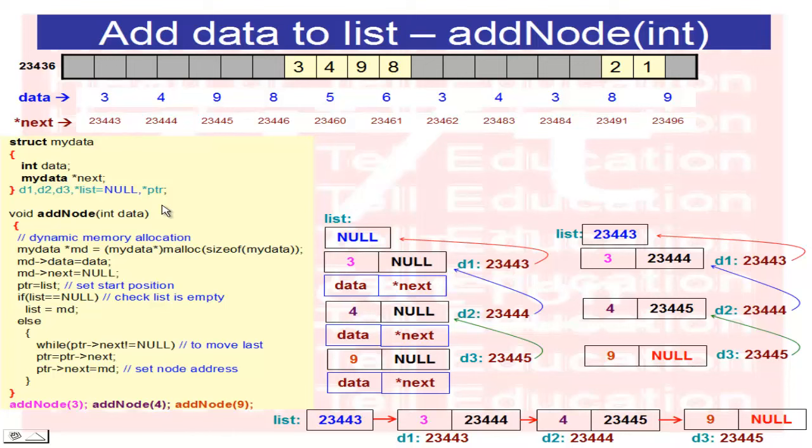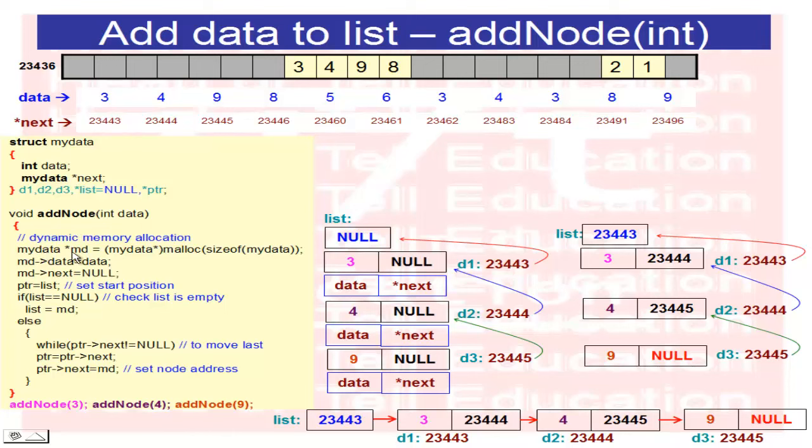Now if we check the code, so if we first call, okay, this is our function add node. I am calling add node and passing first data 3. Okay, so 3 is coming here. Now here I have created one variable for my data type and allocated it by calling dynamic memory allocation.